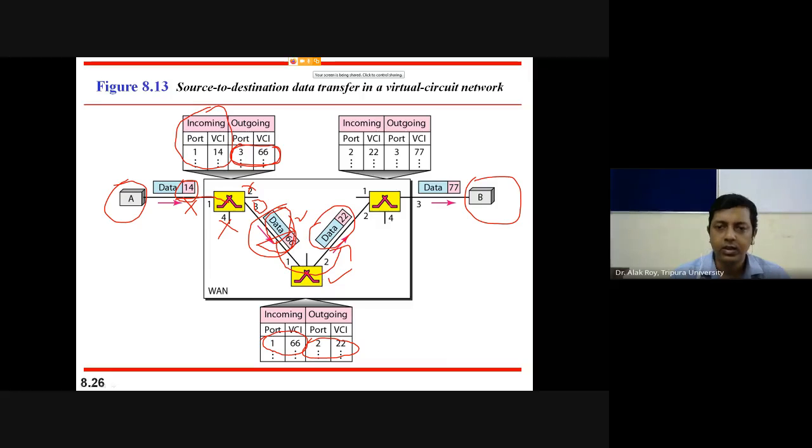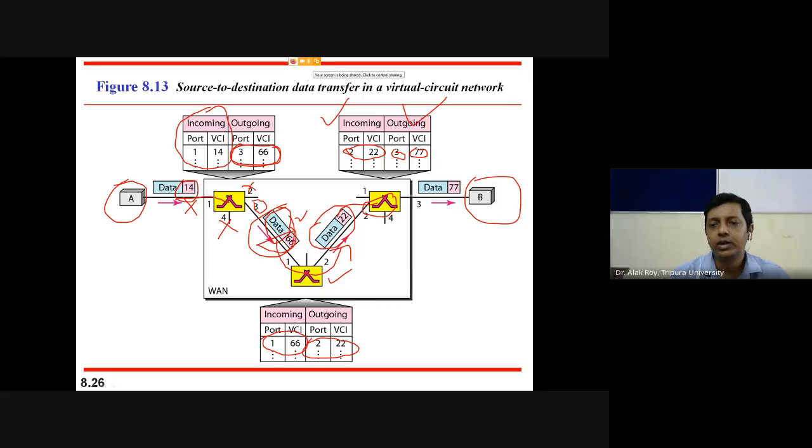Now for this switch you check the incoming and outgoing. Here they are using port 2 for VCI 22, so the data will be delivered to the switch. And for output it is using port number 3 and the VCI used will be 77.